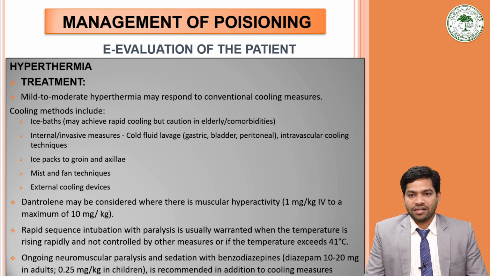Dantrolene may be considered where there is muscular hyperactivity, given in the dose of 1 mg per kg IV to a maximum of 10 mg per kg.